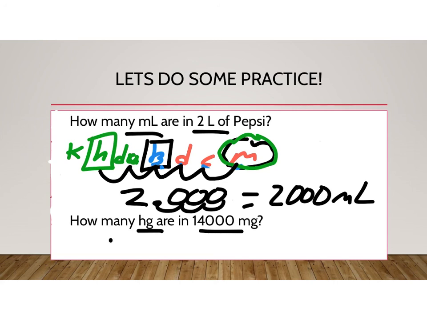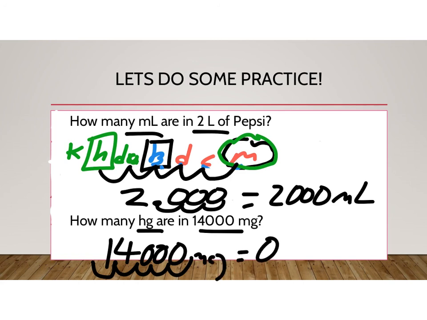So let's start with my 14,000. My decimal's going to move 1, 2, 3, 4, 5, that's how many times we moved. And so that many milligrams is going to equal 0.14, and I don't have to write all of those extra zeros, as my hectograms. And that's how we do that.